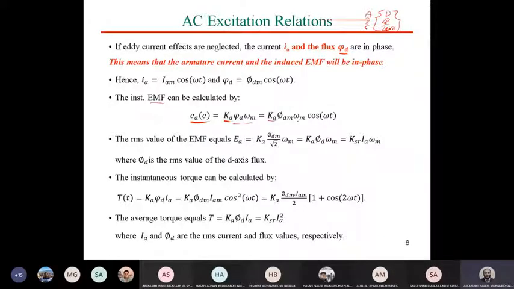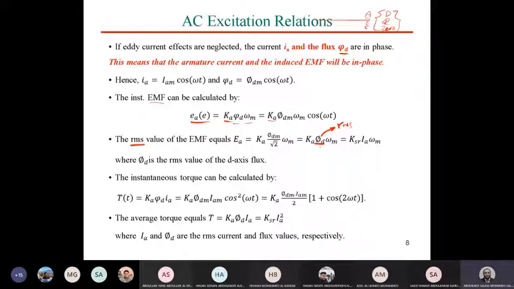If you would like to calculate the RMS value, because now it's considered as an AC motor, we take the RMS as maximum over square root of 2. So we can say now Ka phi D maximum over square root of 2 multiplied by omega m. So finally, Ka phi D, and this is considered as RMS value, multiplied by omega m.